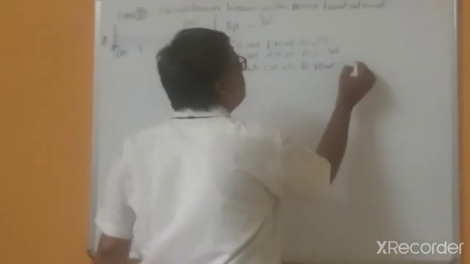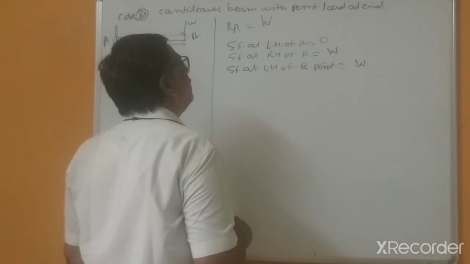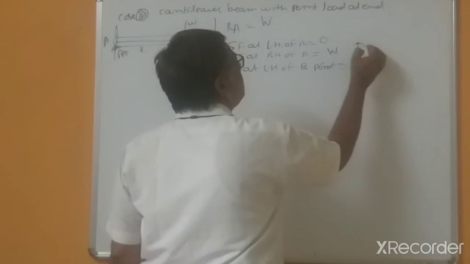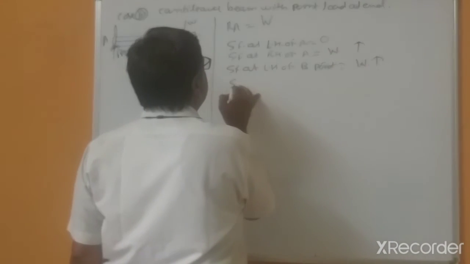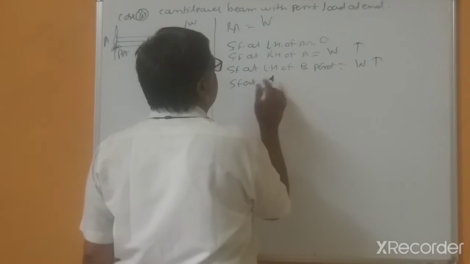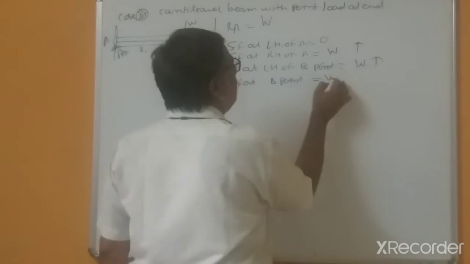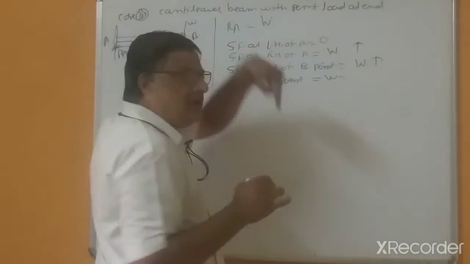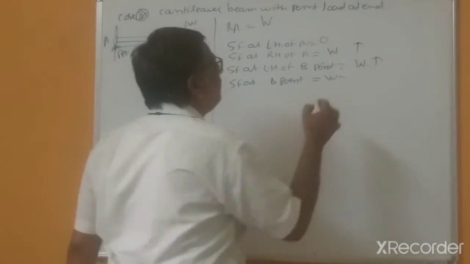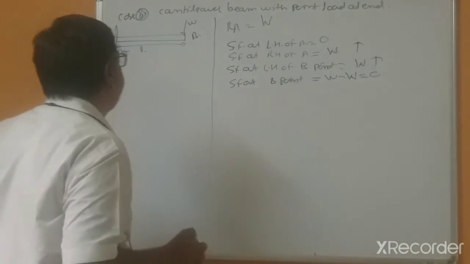So that's why this is W. This is upward force, and shear force at B point has a concentrated load downwards. So that's why this is equal to 0.